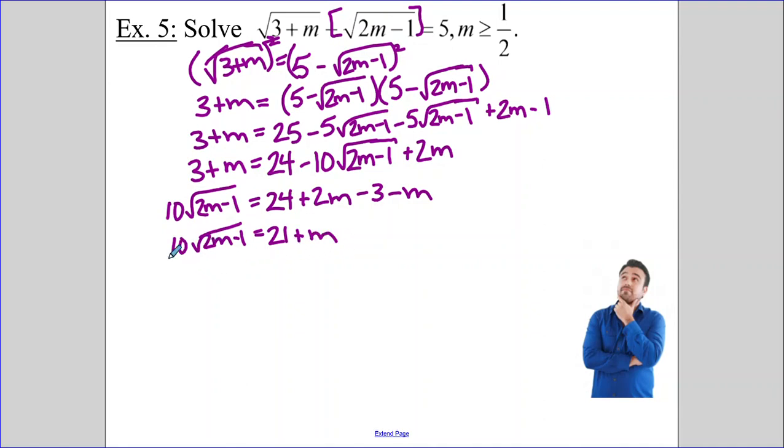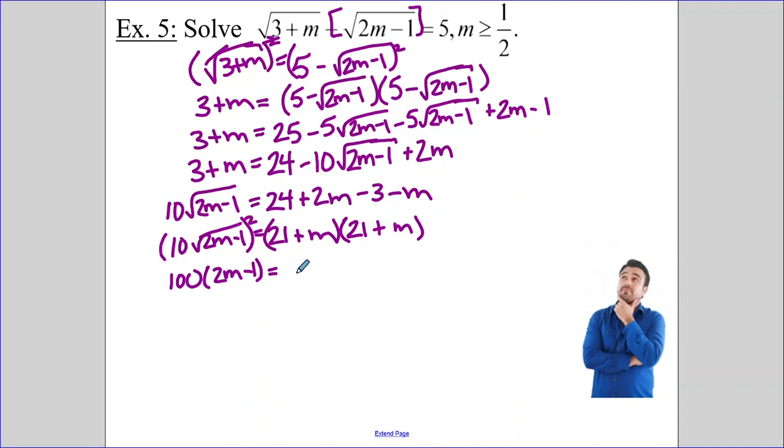Now, I've got a square root, so I need to go through that same step again and square both sides. Do you see how here where I squared it, I ended up with 2 of them? So I'm just going to go to that step and say I've got 2 of them. So square this, it looks like I'm going to get 100 multiplied by 2m minus 1, right? 10 squared gives me the 100, and then square and square root cancel out.